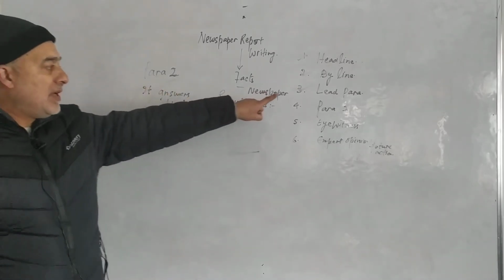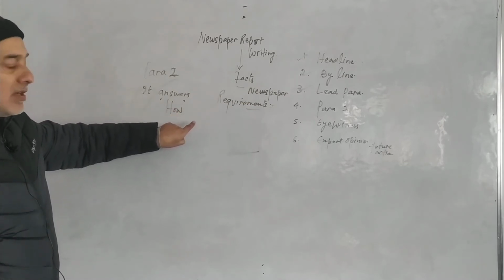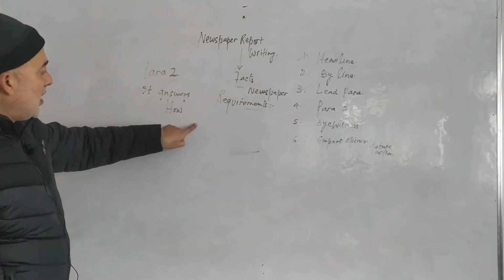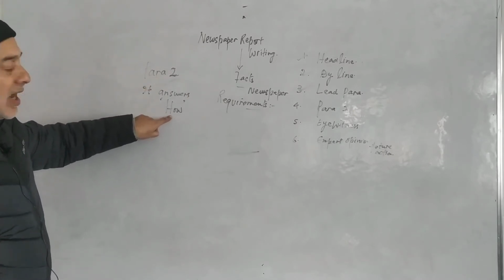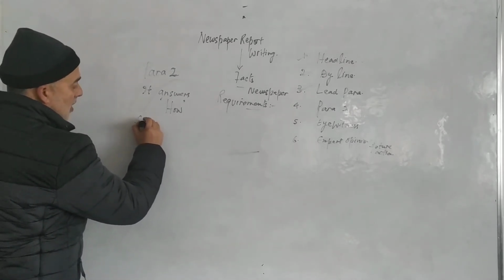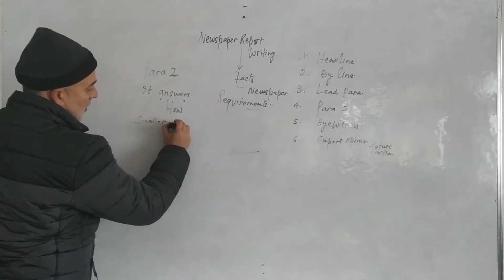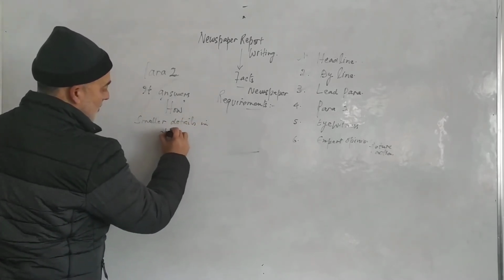Remember, in the lead paragraph, you have to answer who, when, where, and why. But in para 2, you have to answer how, and the smaller details in detail.